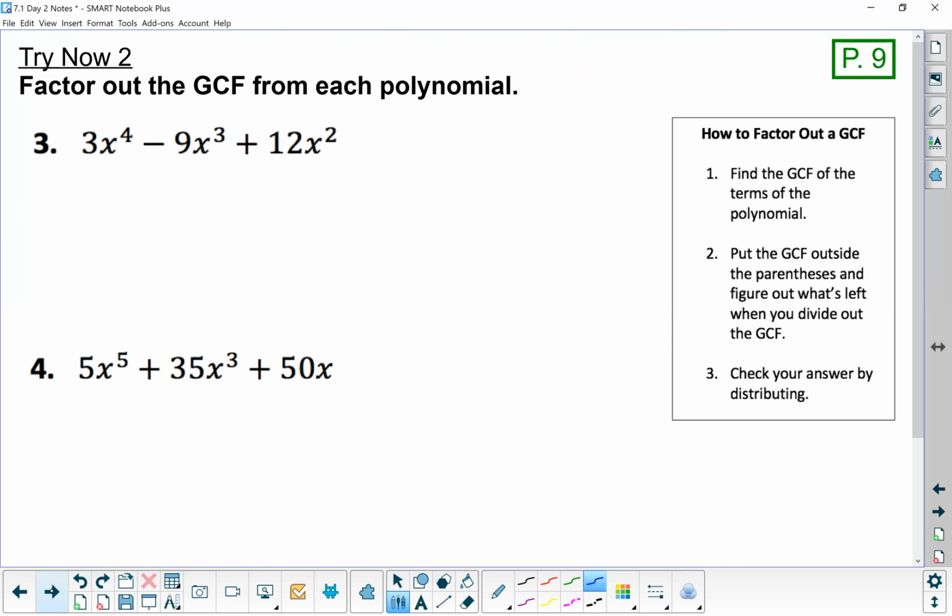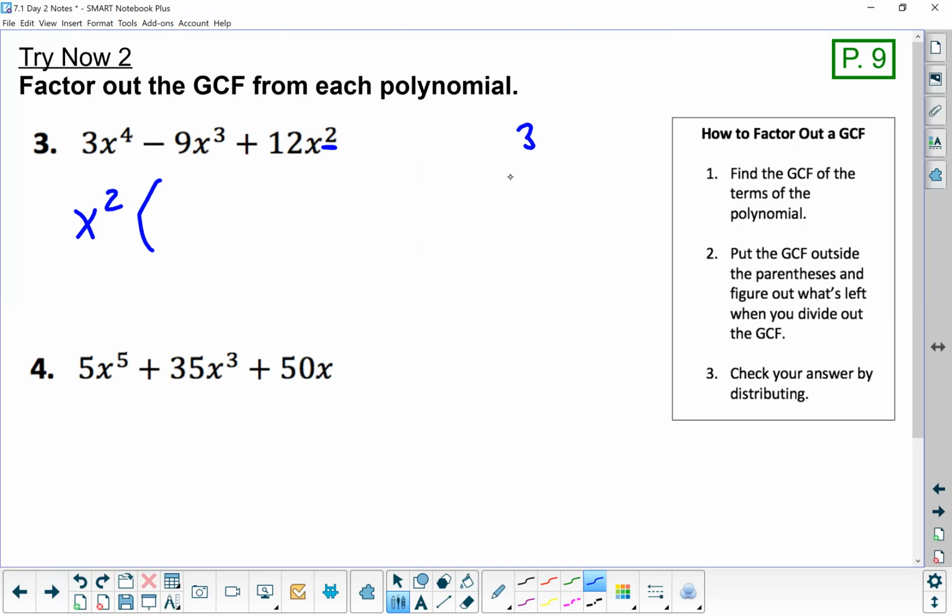Number 3. What is the smallest exponent on the variables for number 3? The smallest exponent is on that last term. It's an x squared. Again, looking at the coefficients, the number in front, if I look at the smallest number in front, 3, and the factor pairs for 3, it's a long list.